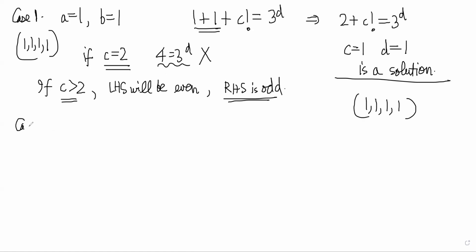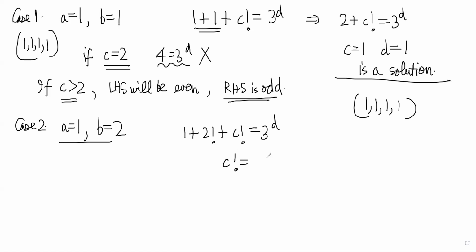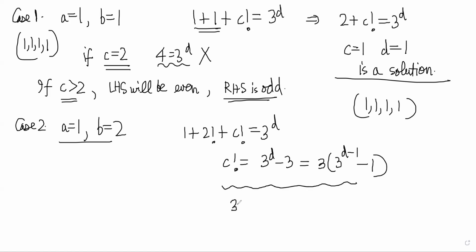And now we go to case 2, where A is 1 and B is 2, right? In this case, the equation for us becomes 1 plus 2 factorial plus C factorial is 3 power D, which is C factorial is equal to 3 power D minus 3, which can be written as 3 into 3 power D minus 1, which shows us that 3 divides C factorial.